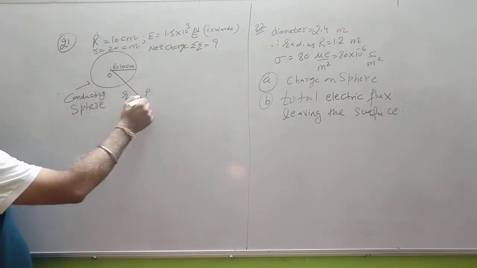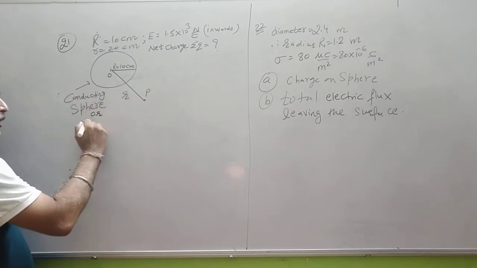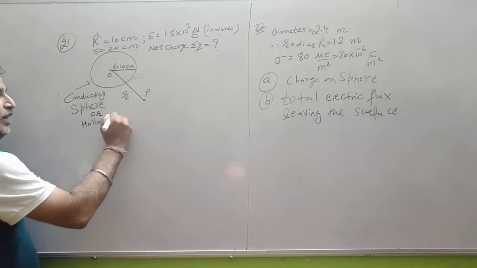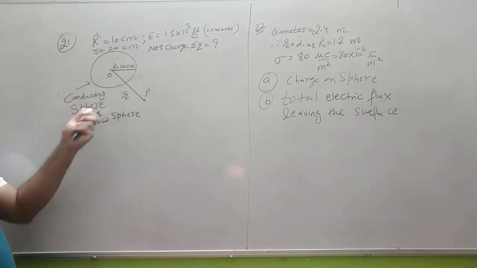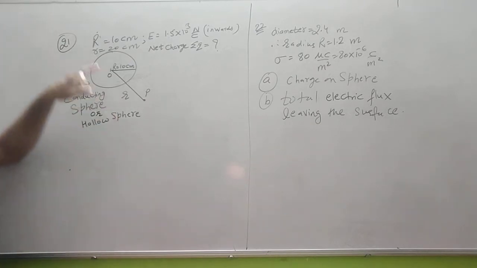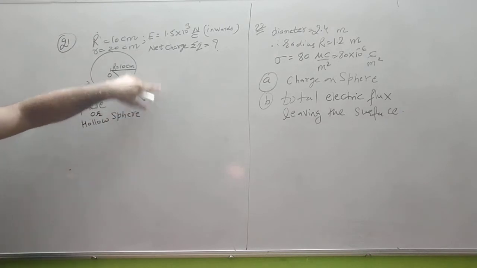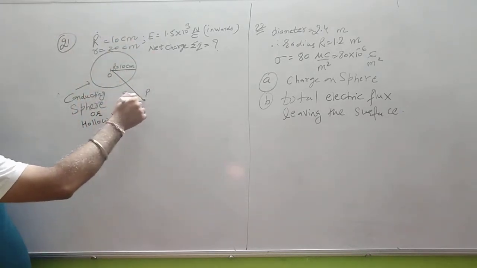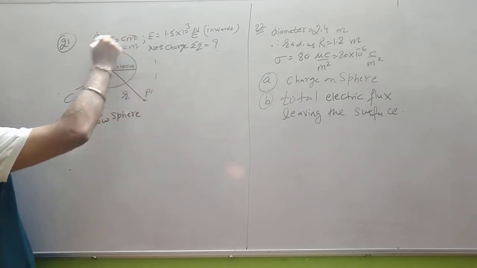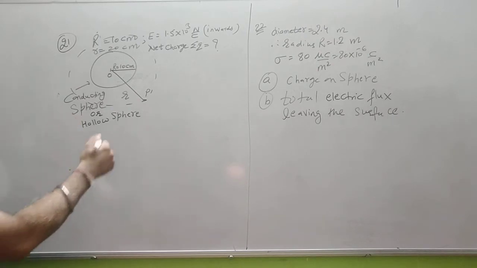So the theory is, for a conducting sphere or hollow sphere or spherical shell, the formula remains the same. Field inside is 0, outside it is kq upon r square, and on the surface kq upon capital R square. So in the theory, we assume a Gaussian surface of radius small r, and this point is outside.